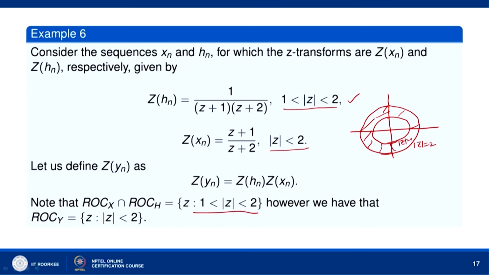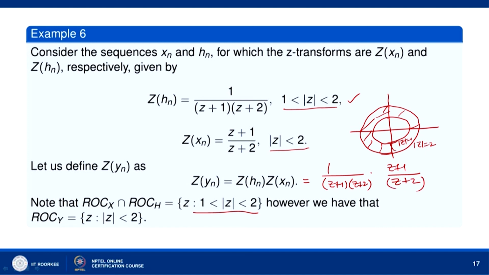So, ROC X intersection ROC H is this, which is a non-null set, and what is ROC Y? Zy is Zh into Zx, which is 1 over (z plus 1)(z plus 2) times (z plus 1) over (z plus 2).